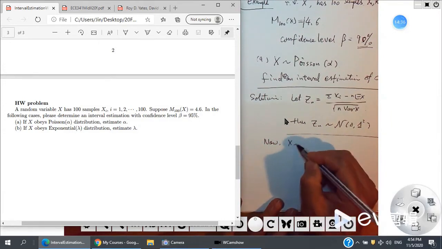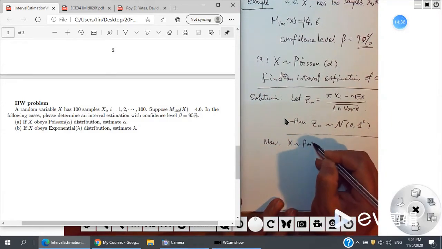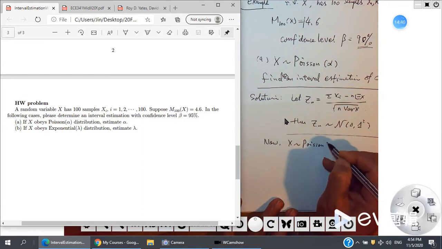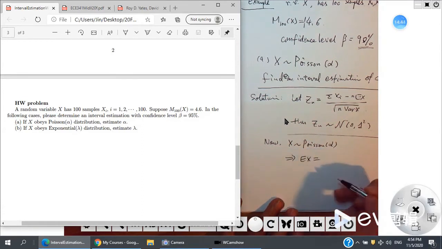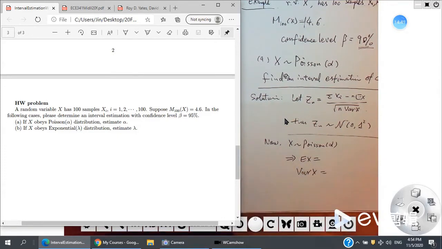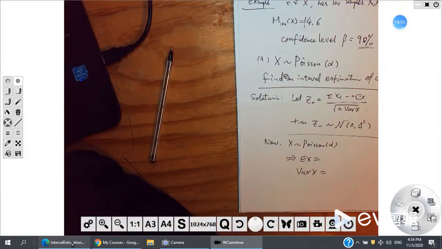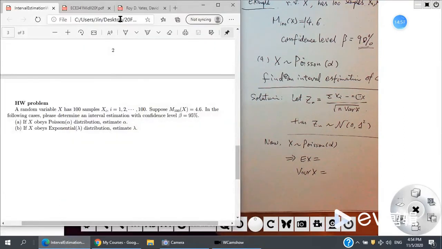Now x obeys a Poisson of R, so Ex will be what? And the variance of x will be what? Anyone remember that? Actually, I can't remember. But we have the table here. You should know where you can find these values.